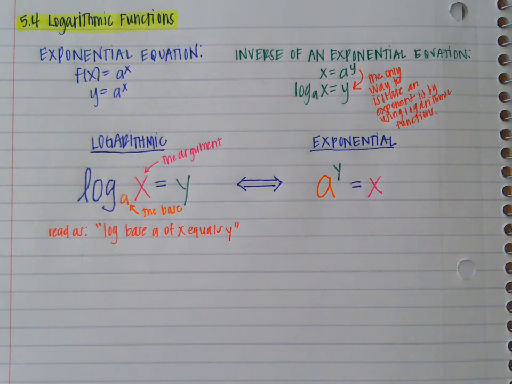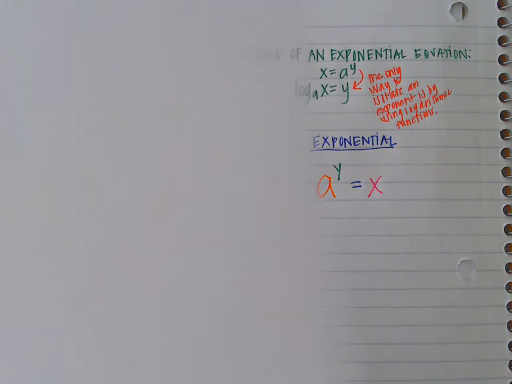Now sometimes, and I'm going to show this to you on a separate piece of paper, some teachers teach it like there's a loop-de-loop method. And you'll see me sometimes do this on my work.